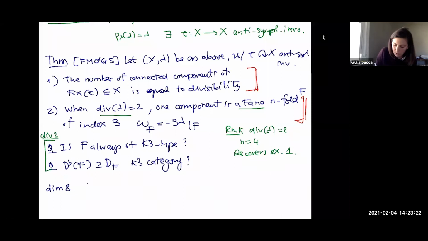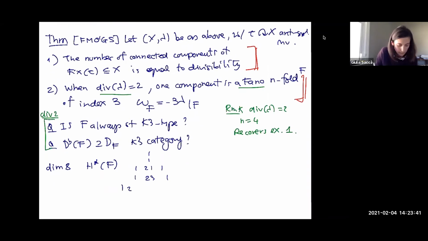In dimension 8, n equals 8, we have a conjectural description of the cohomology of this Fano. I say conjectural because we haven't written down all the details, but I think we're probably not going to find surprises, hopefully. So it is indeed of K3 type, and the cohomology is 253, 22, and 1.